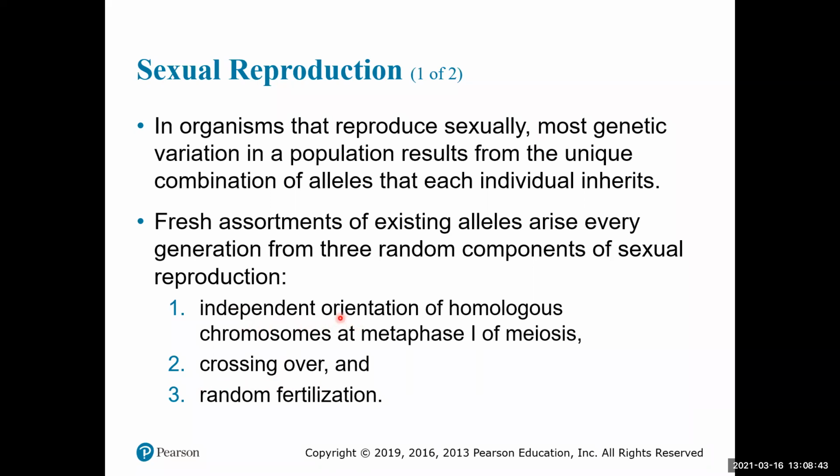Those are the three ways you can get increased variation or changes in your genotypes without changes in the genes itself, so mutations. Okay, crossing over does change the genes, but it's not a source of, say, a mutation.